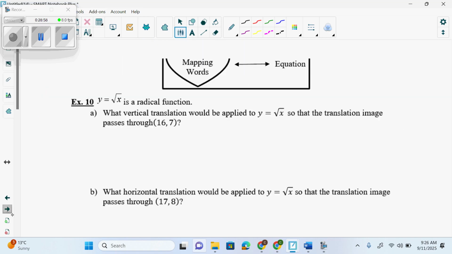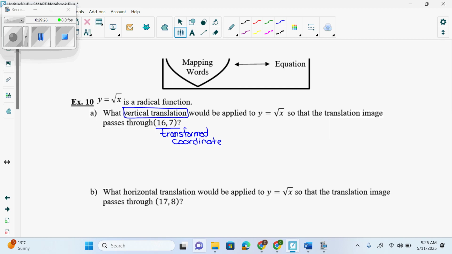Okay. So here we have y equals square root x as a radical function. What vertical translation would be applied to y equals root x? So the translating image passes through this. So this is the transformed coordinate. And they're asking for the vertical translation.